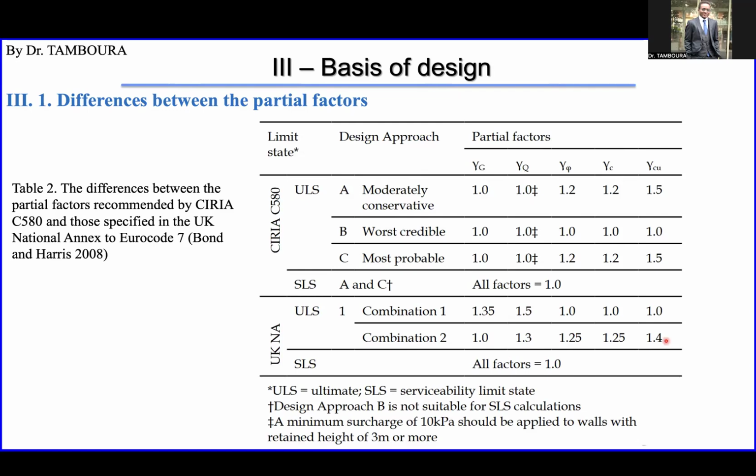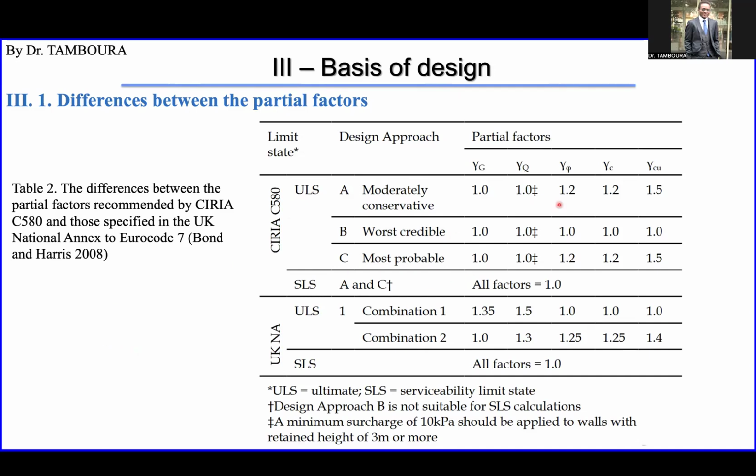Because UK is using only design approach number one for this kind of retaining wall, okay? So two combinations, combination one and combination two. You don't need to do the other design approaches in UK, okay? For ultimate limit state and for serviceability limit state, all the factors are one.